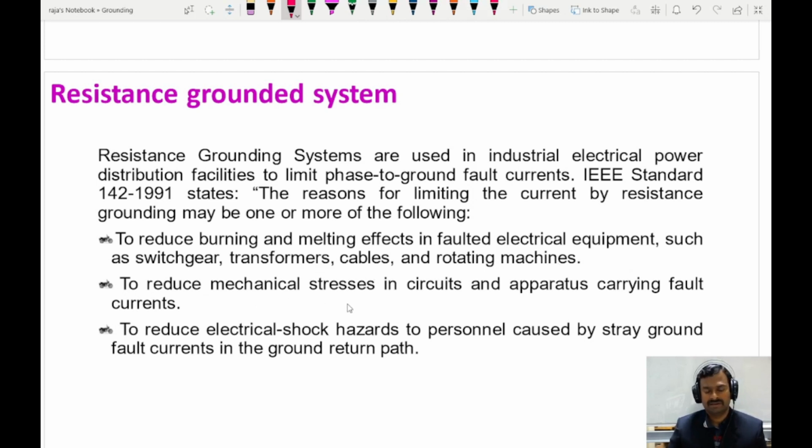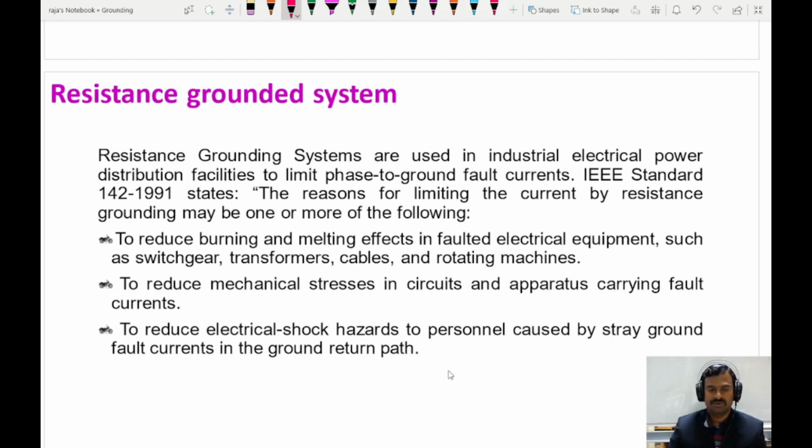Also the mechanical stress or the electrical stress can be avoided, and the electrical shock hazards because of the stray ground fault current. This is because of high potential strikes from lightning and high potential surge waves created during the turn on and turn off of the grid or the capacitor banks and this kind of thing.